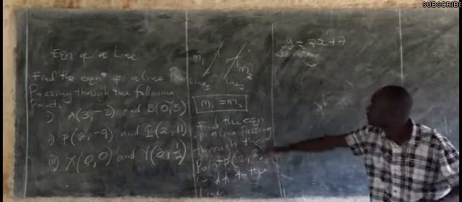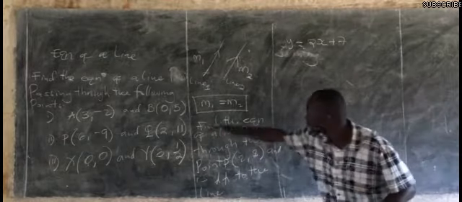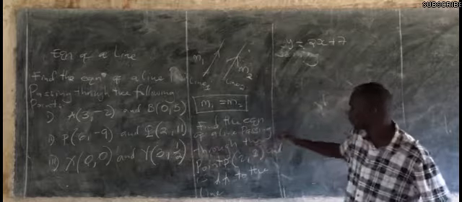Taking this as a simple example, the question says find the equation of the line passing through the point.